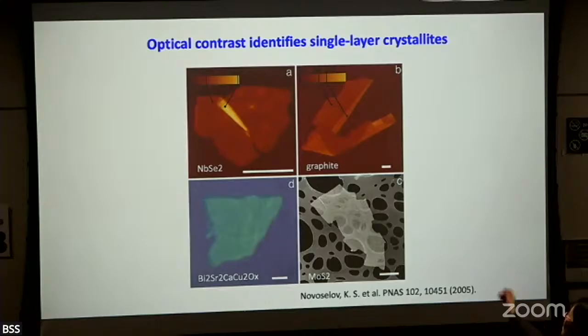So Novoselov and Geim, they put exfoliated thin films on silicon substrate, but not just the silicon substrate with very thin oxide layer as what we have. It has a little bit thicker, 200 to 300 nanometer oxide layer. And then you can see a very clear contrast of thin film on substrate.